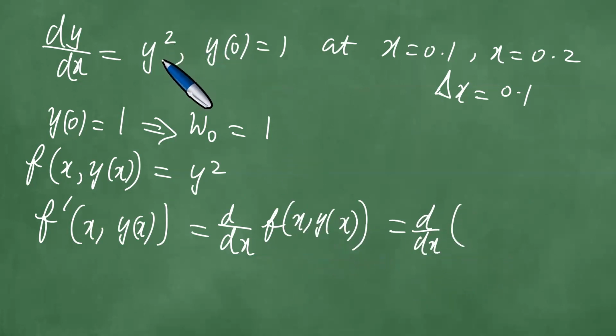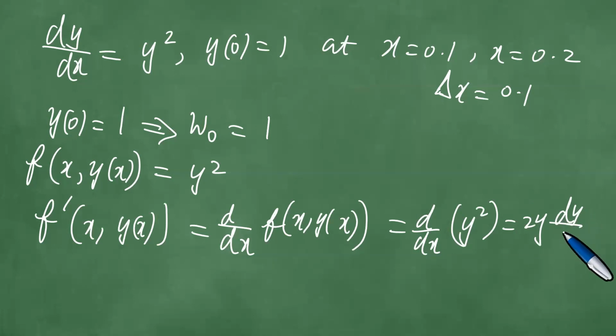The f is this, which is y squared. So what is the derivative of this? It is 2y dy/dx by implicit differentiation. But because it's fourth order, we must do three derivatives, so now we must do two more.